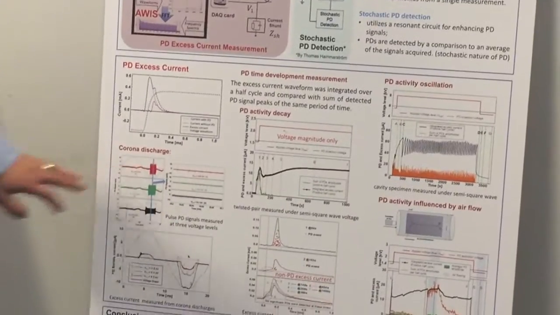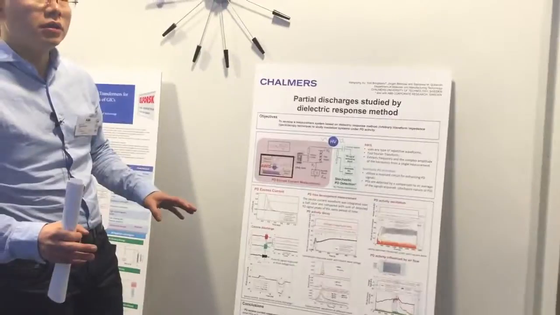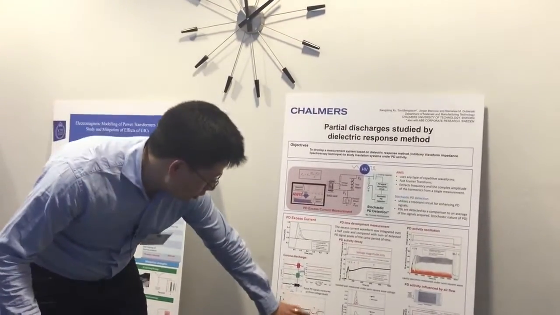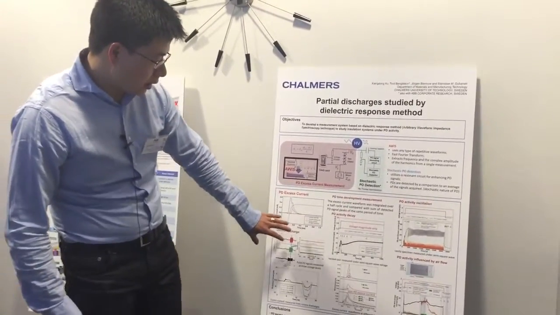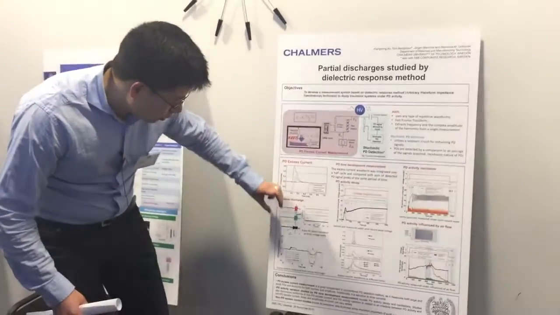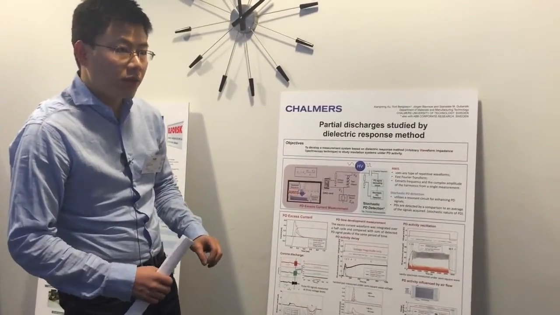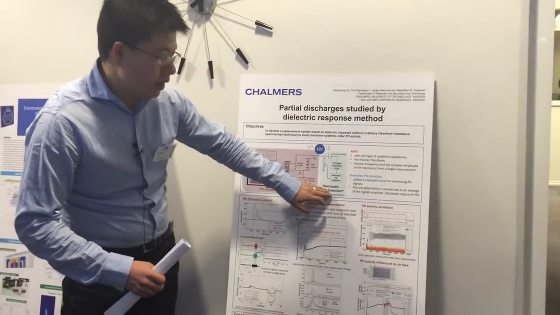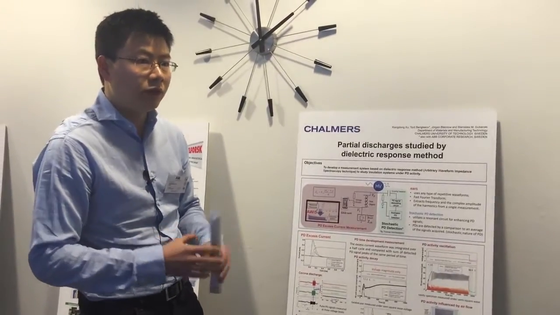In this example, we can see that we can use PD excess current to compare many small PDs against a few big ones, so you can quantify them by using the same current factor. Later on, we use this technique to study the PD activity over a long time, where we can integrate every half cycle into one integrated excess current, and that number can be compared with the PD activity registered by the conventional method, with the sum of the PD numbers and amplitudes from the same half period.